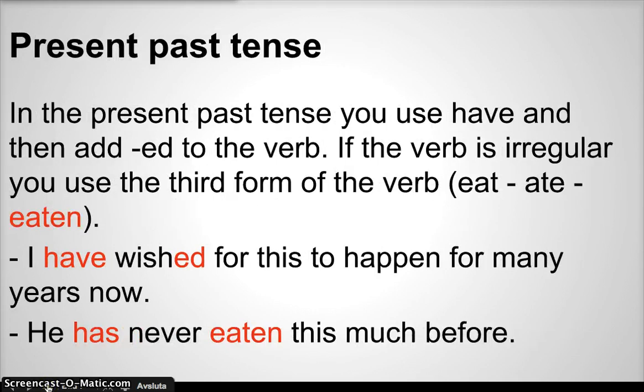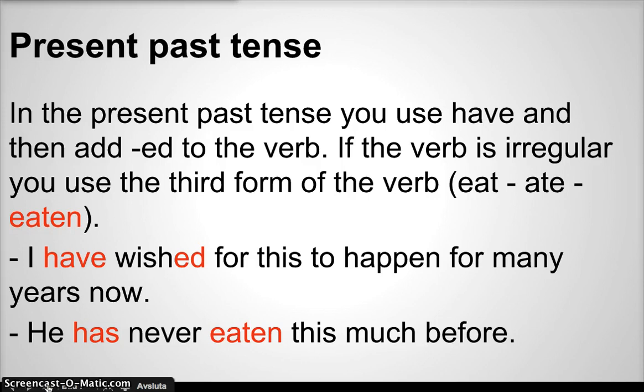In the present perfect tense, you use have and then you add ed to the verb. If the verb is irregular, you use the third form of the verb. You remember that we said eat, ate, eaten. And the third form then is eaten, which would give you: he has never eaten this much before.